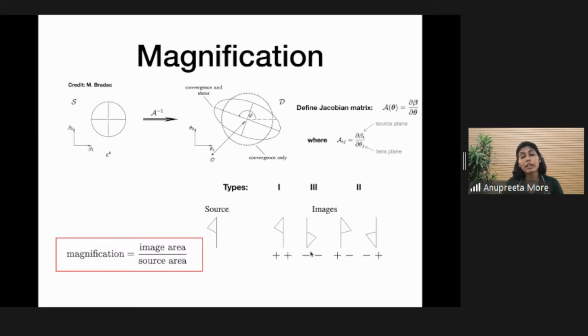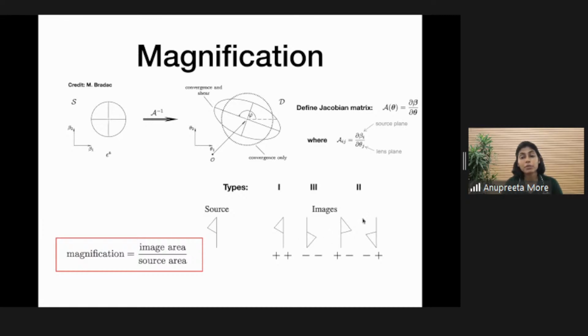If both the eigenvalues are negative, then the source flips its sign along the direction of the eigenvectors. So when both eigenvalues are negative, it flips along both directions, and this is how the image would appear. This is the type 3 image.